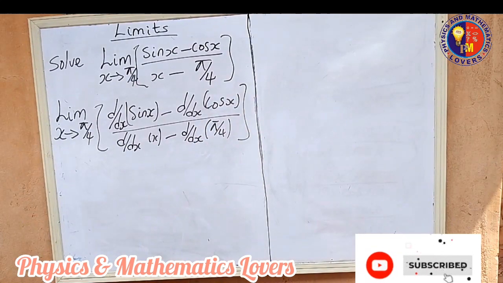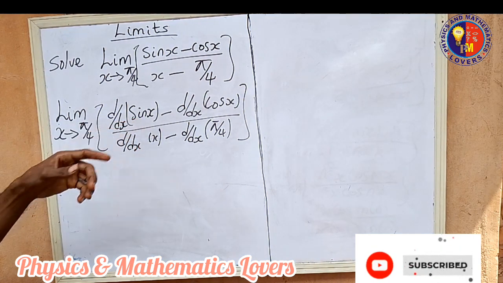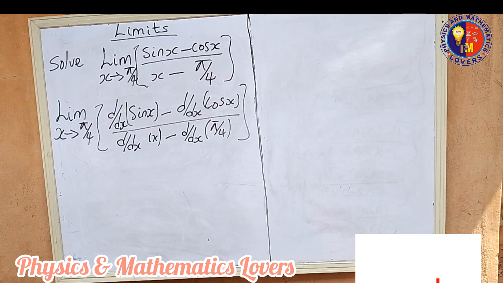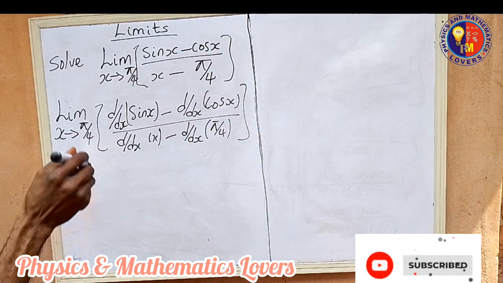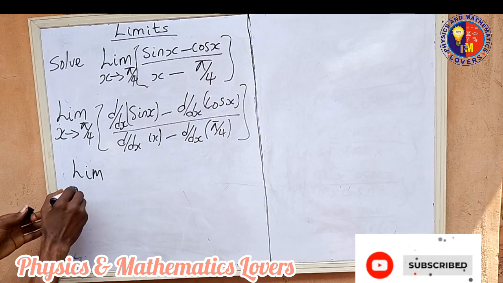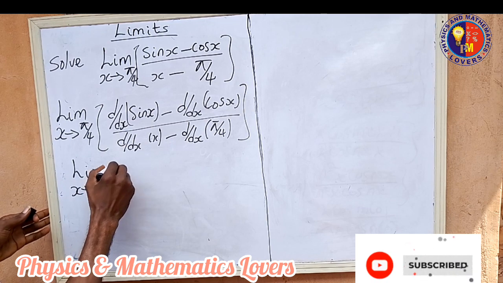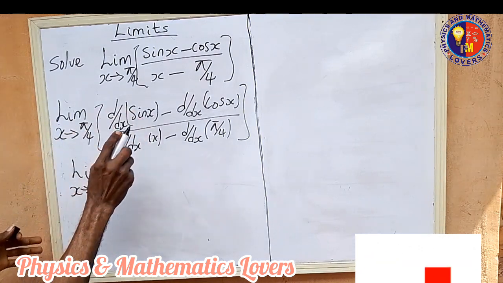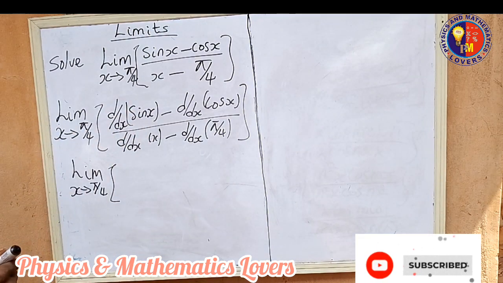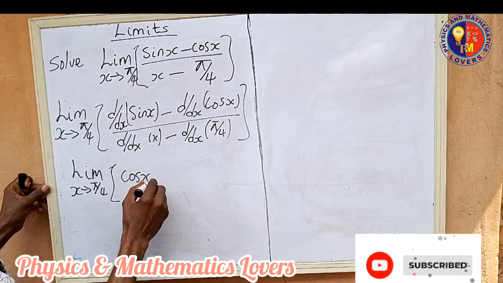Doing this, we'll arrive at a concise solution. The derivative of sine x in trigonometric differentiation is cos x.